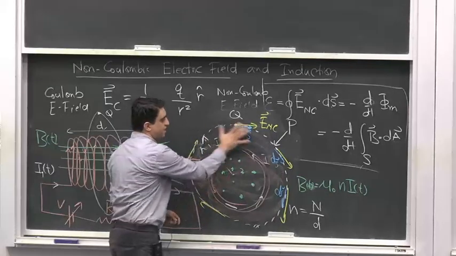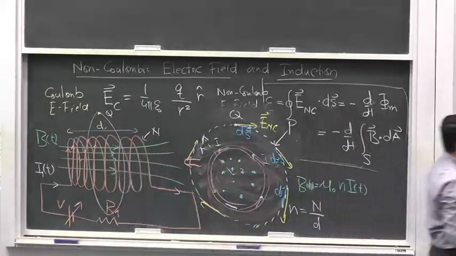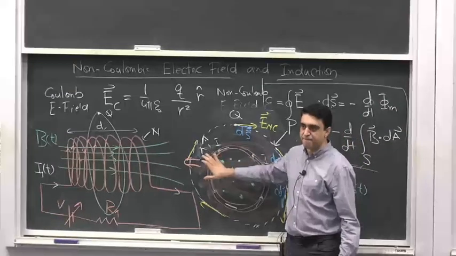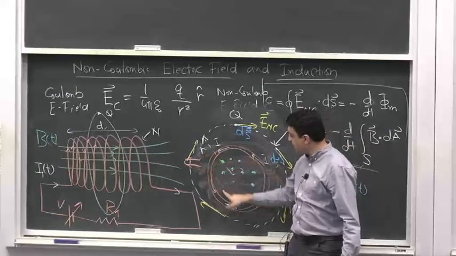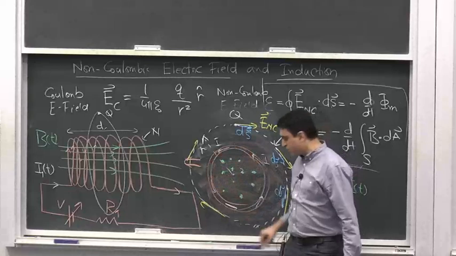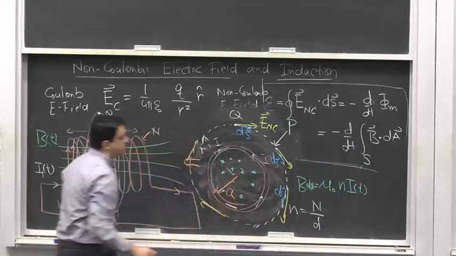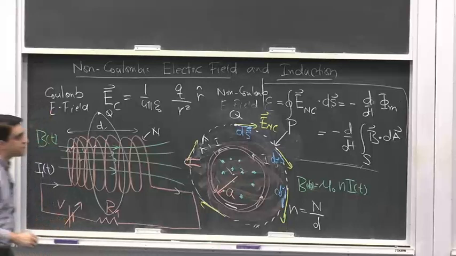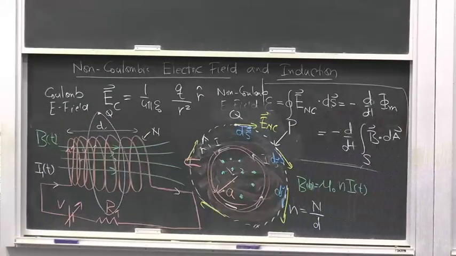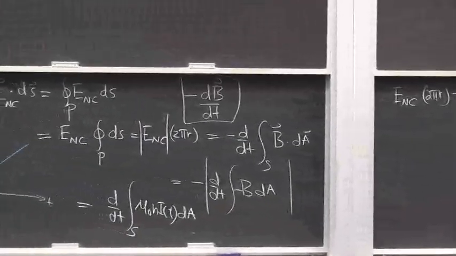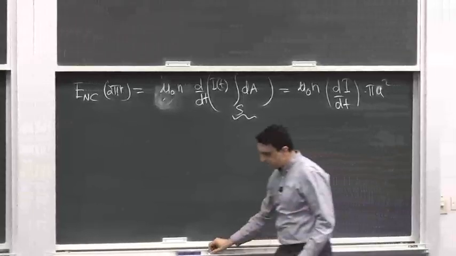So the area that comes into this B dot dA integral is the area where the magnetic field is non-zero, and that's the only area covered by the solenoid. Let's say the diameter of the solenoid is A, so you can say that this is equal to pi A squared rather than pi R squared. Sorry about that.